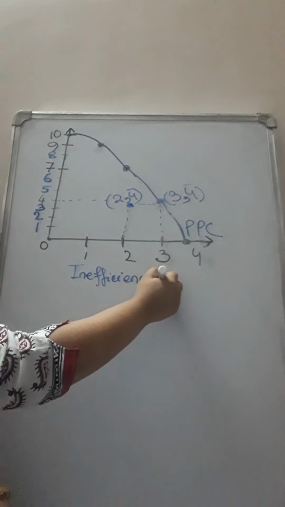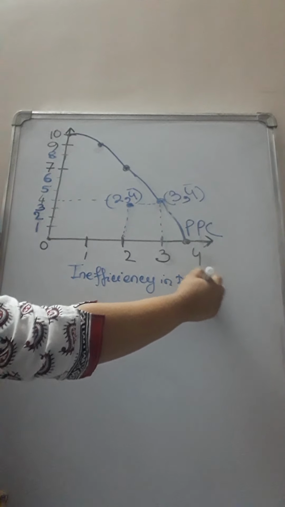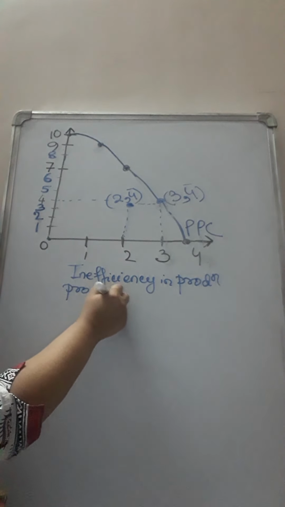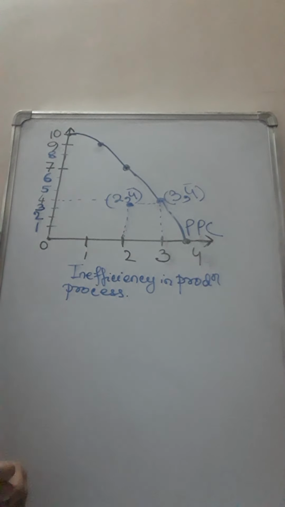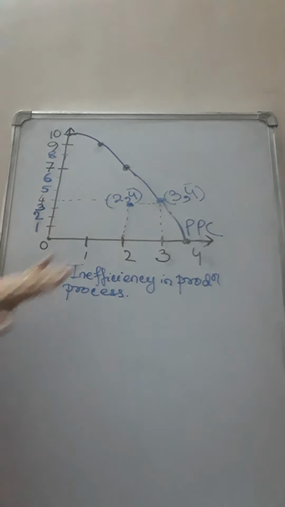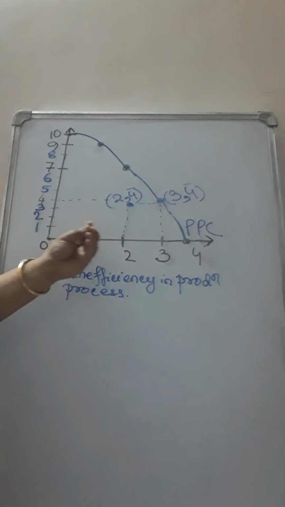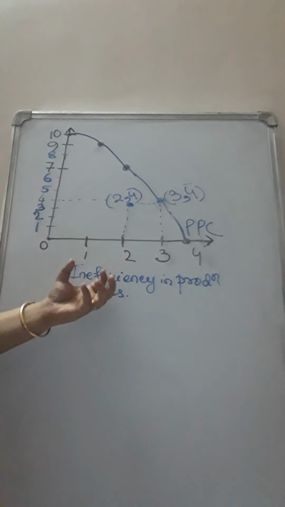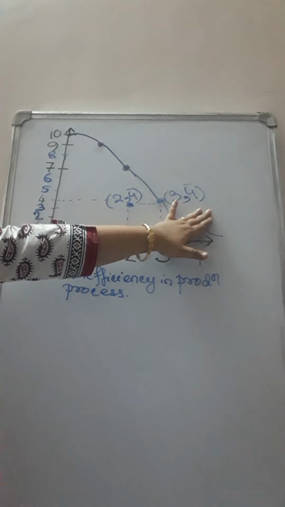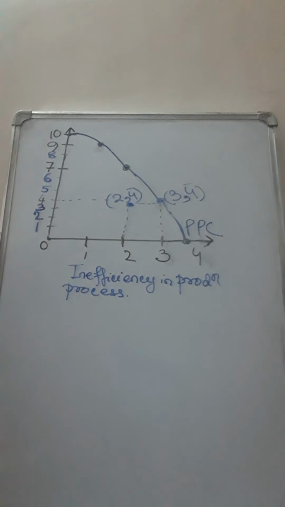Inefficiency in the production process. There is some lacking in the production process for which the economy is producing less than how much is possible. Every economy tries to make maximum utilization of the given labor to produce the maximum of X and the maximum of Y that is attainable.